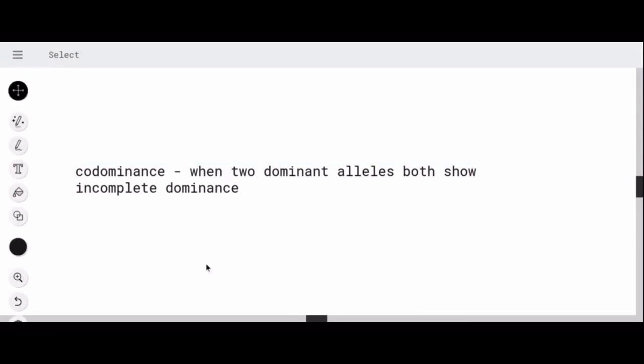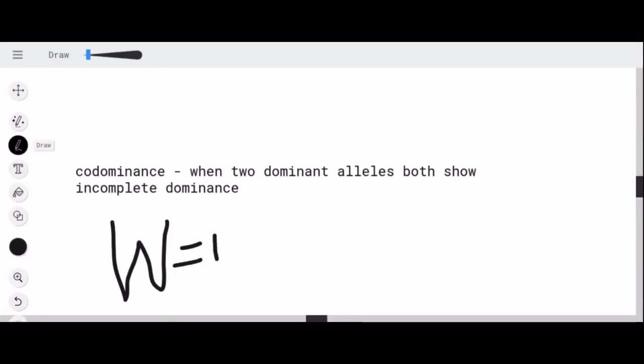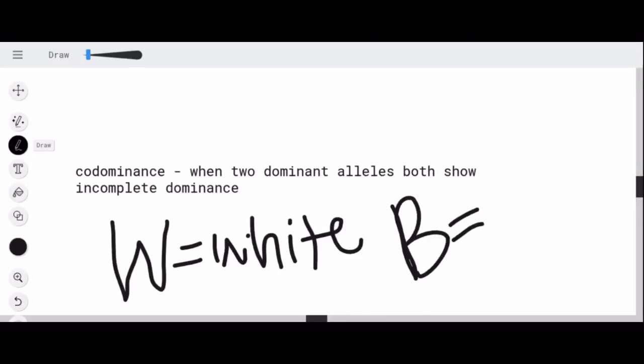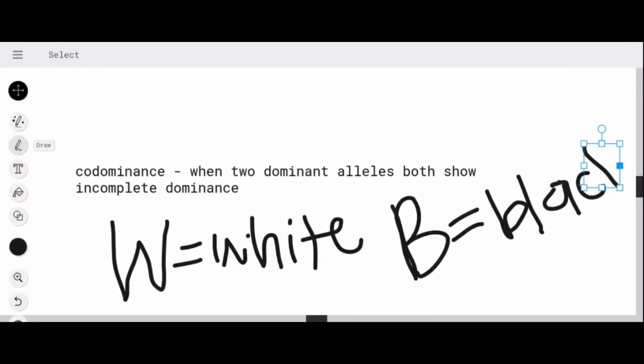But, for example, if the dominant allele W meant white feathers, and B means black, like usual, they're both capital, meaning they're both dominant.